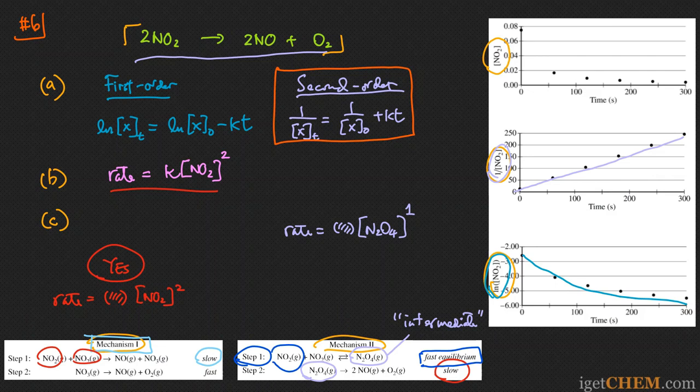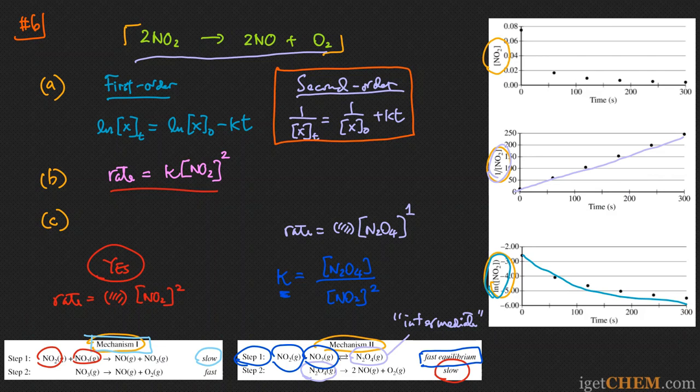The equilibrium is basically taking 2 NO2 and making 1 N2O4. So if you write down the equilibrium expression for that step, the N2O4 concentration divided by the NO2 concentration squared should be equal to the equilibrium constant.